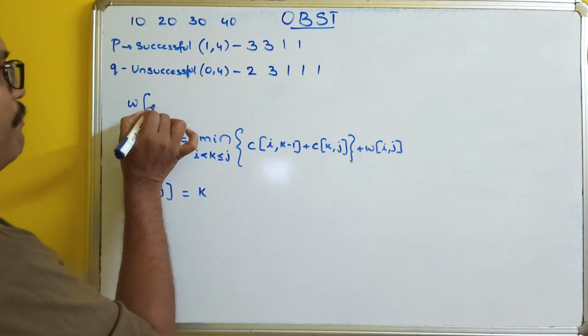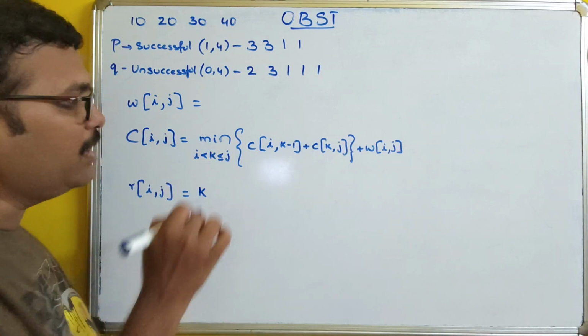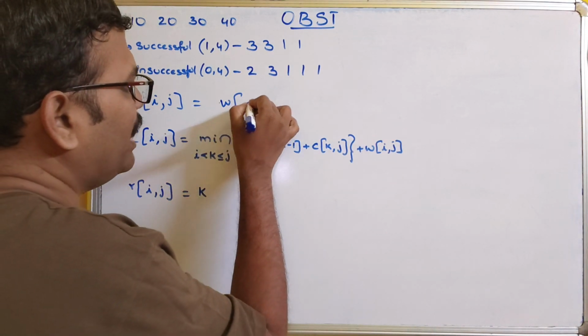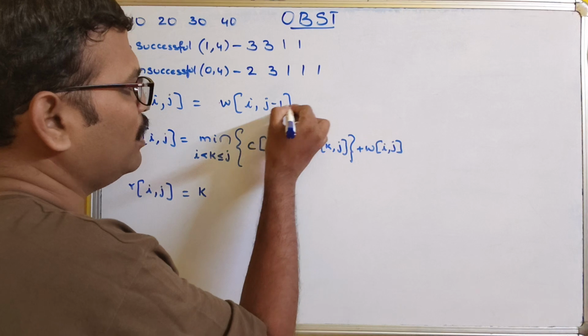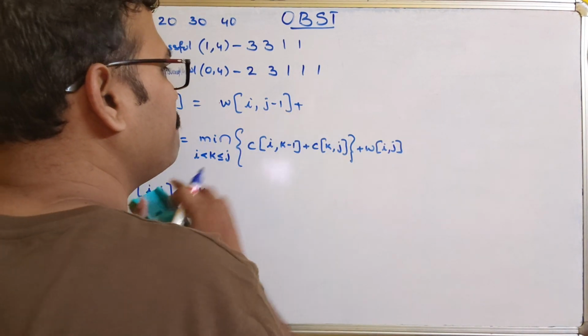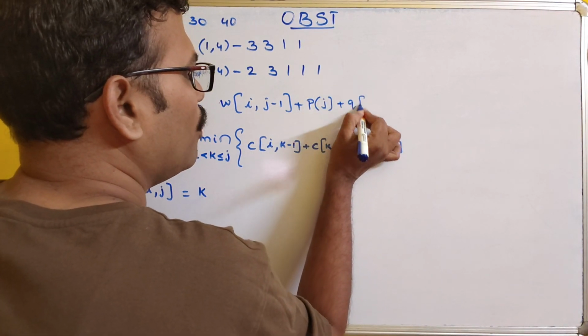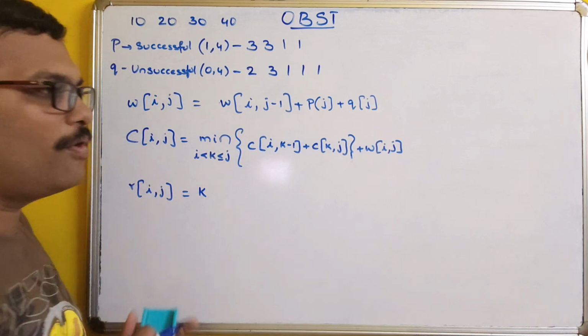Now W of i comma j is nothing but W of i comma j minus 1 plus P of j plus Q of j. This is the formula we use to calculate W of i comma j.